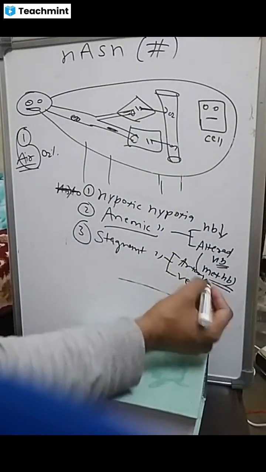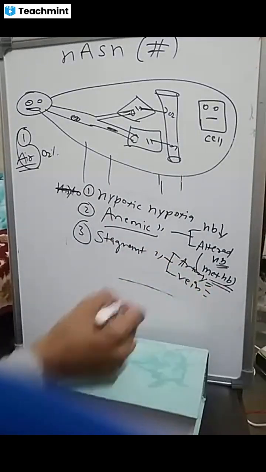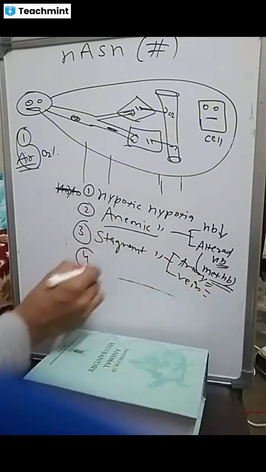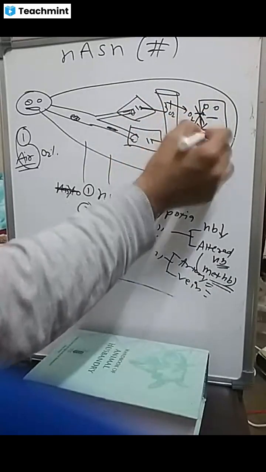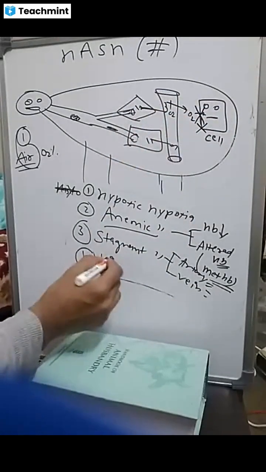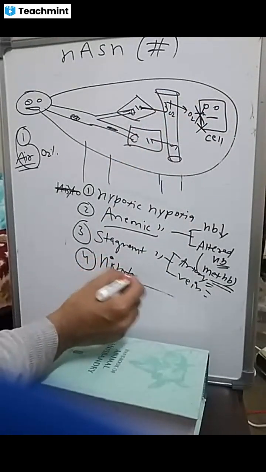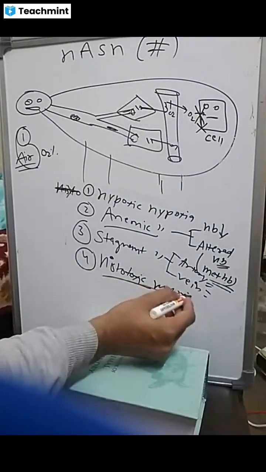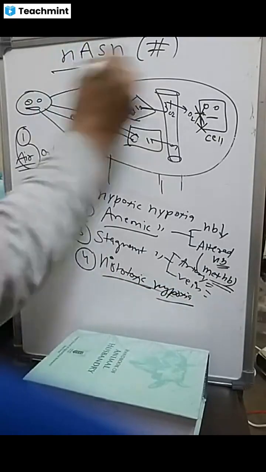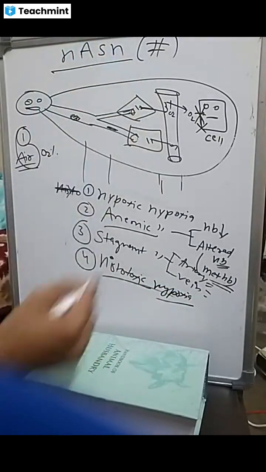That is ischemia, and this is congestion. Number four, all routes are okay, it is diffused, but the cell is not able to utilize. So problem with the cell. So histotoxic hypoxia. So these are the four types of hypoxia.